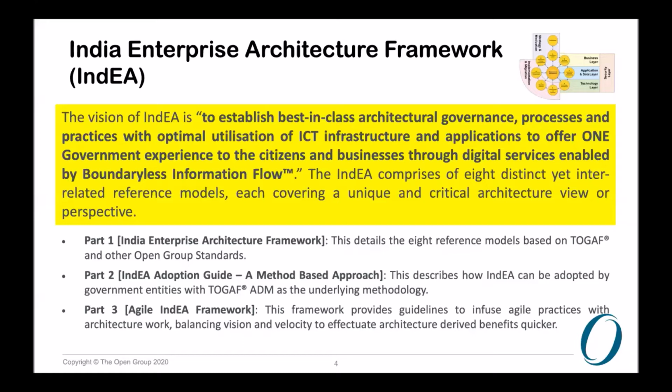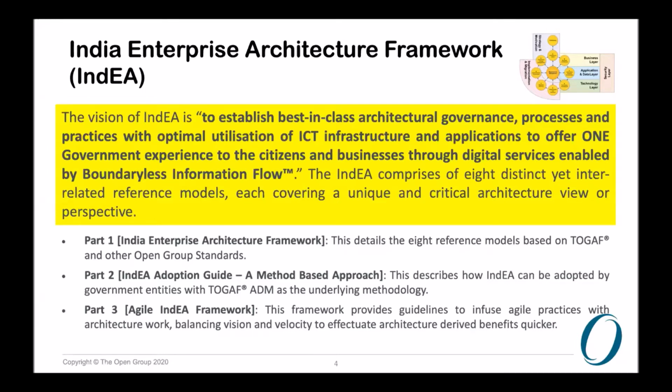Then there is part two, which basically tells government agencies, be it at the central level, state level, or local level, how they should be using part one to make their own architecture. As you see, it is titled an adoption guide. And finally, we have part three, which is a recent addition. Basically, this infuses agile practices with architecture work so that it addresses one of the key requirements of government agencies, that they don't have too much time to wait for a blueprint and then an implementation to derive the benefits of architecture.